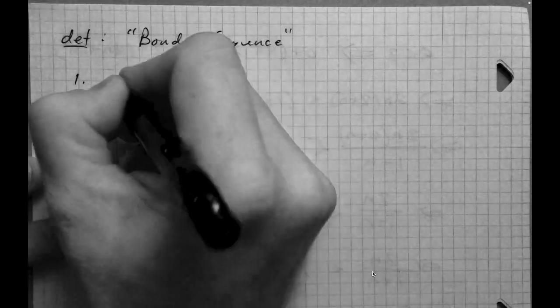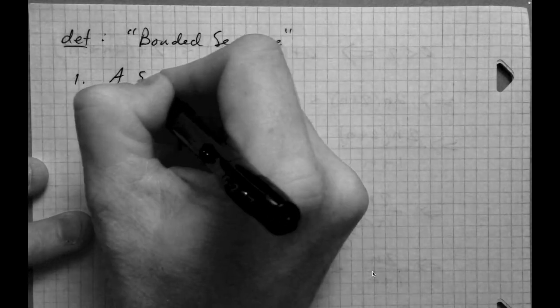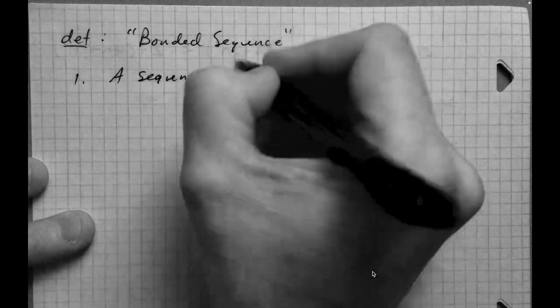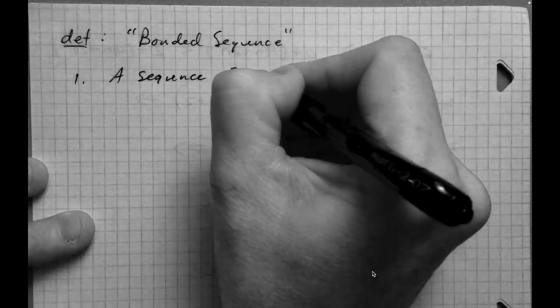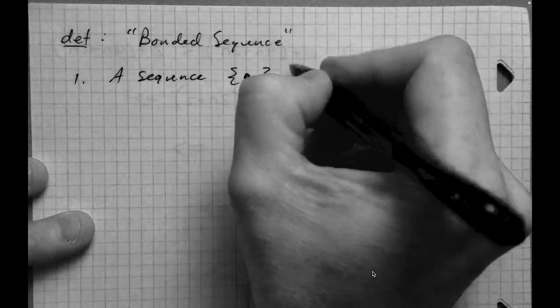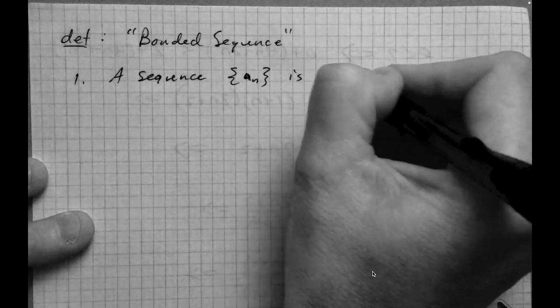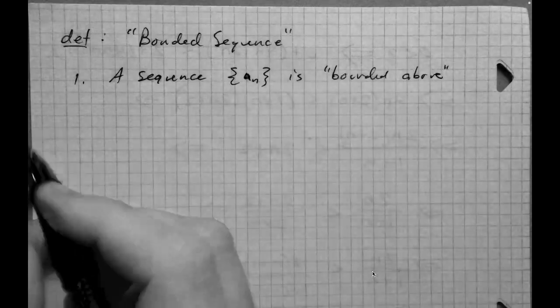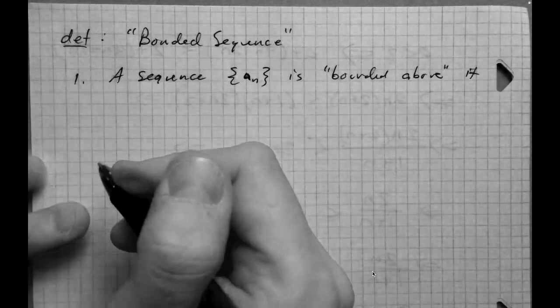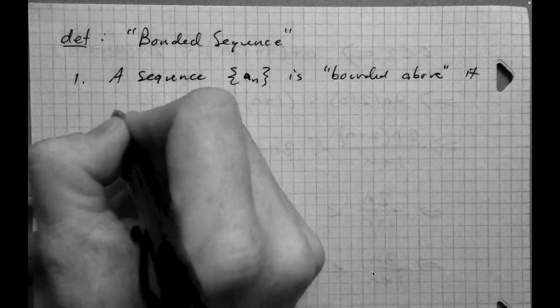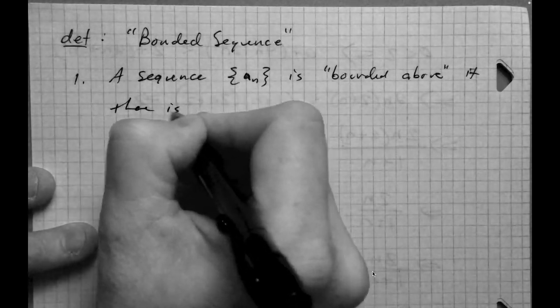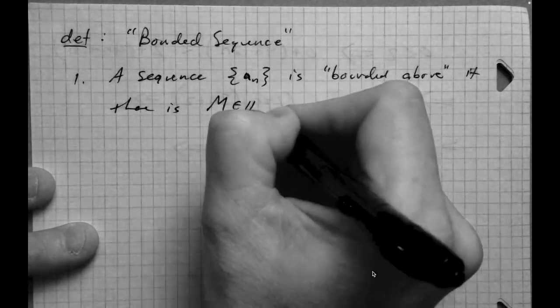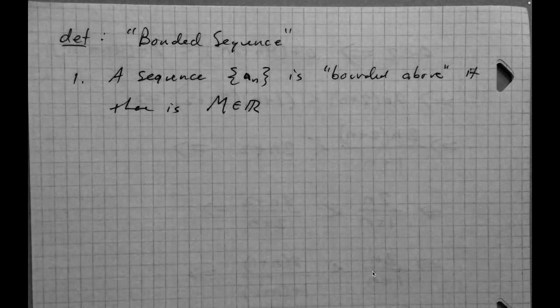First, we'll say a sequence a_n is bounded above if there is an M, and this is a real number, not necessarily an integer, though it could be.